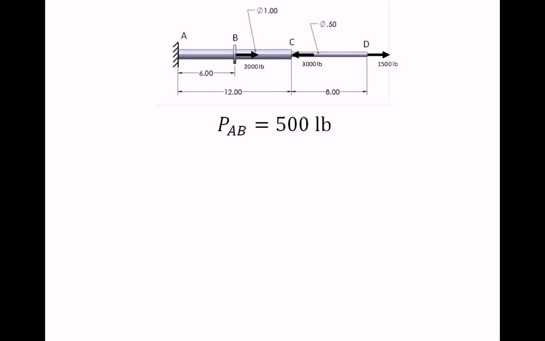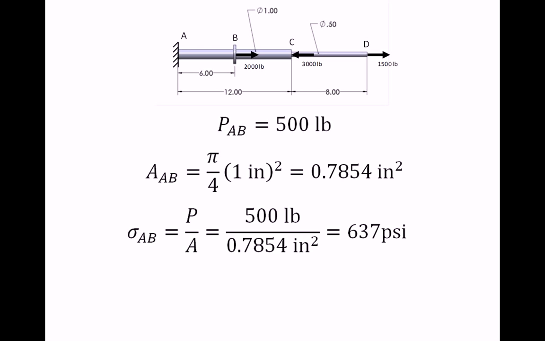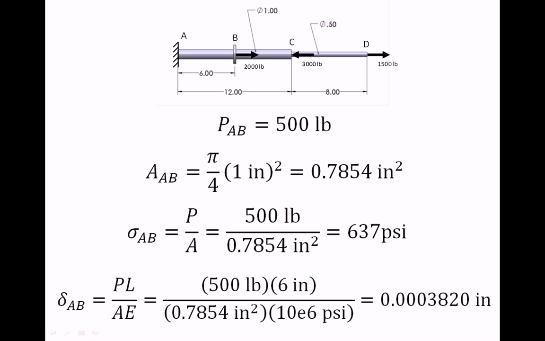To find the stress, we simply divide by the cross-sectional area. In the case of AB, where we have a 1-inch diameter, there's the area, and so P over A gives us the stress, which turns out to be 637 psi, a tension stress. To find the change in length, we use the equation that the change in length is PL over AE, and we put those numbers in.